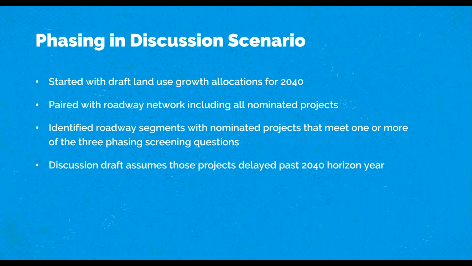We went through that process for getting to the final version of the current adopted plan, and we assume that that process is going to take place for this plan as well.